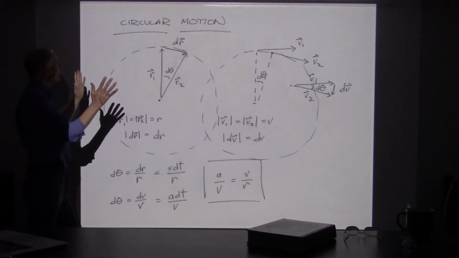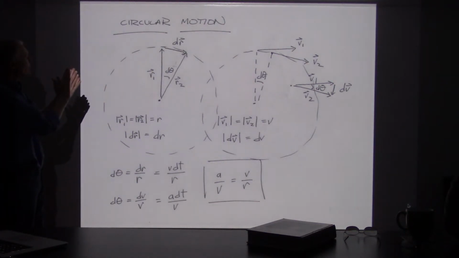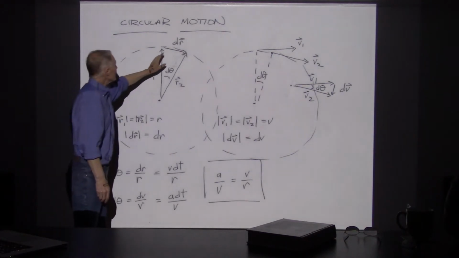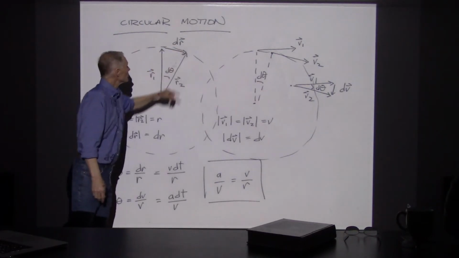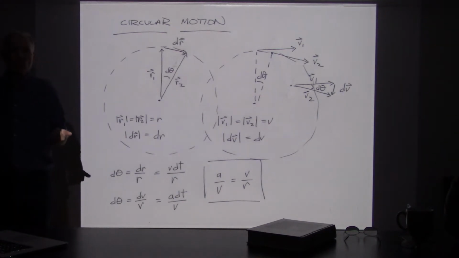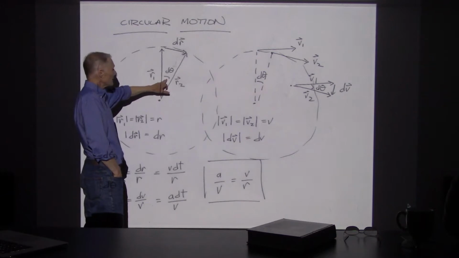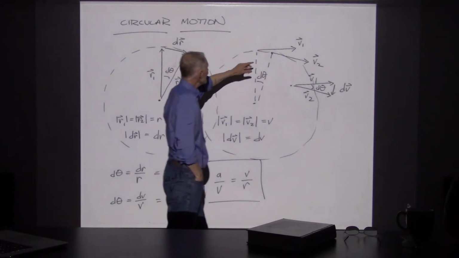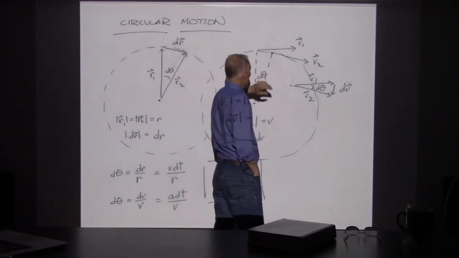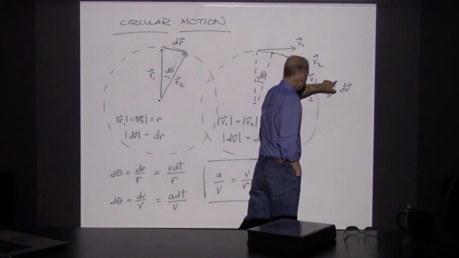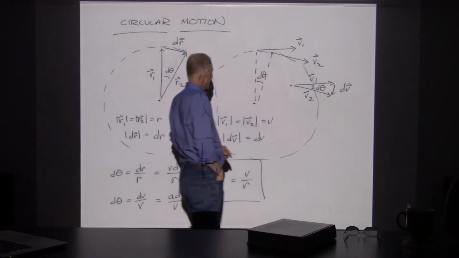If delta r is over a really short time period, then I can treat that as dr. So now we'll just call that an infinitesimal. The angular separation here is going to be d theta. When I look at the velocities at point 1 and 2, same as the page before, I'm going to get dv that's perpendicular.